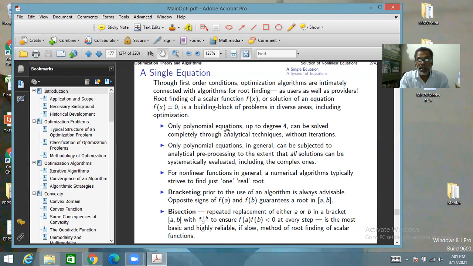So only polynomial equations up to degree 4 you can solve analytically. There also the calculations are very involved, but you can do it analytically in the sense that you do not have to resort to iterations. And by a constant number of calculations, you can find all the roots, real or complex.